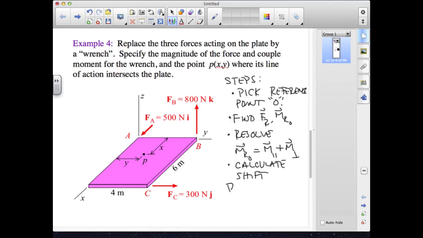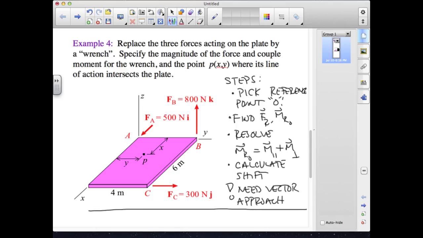Now, something that will be different here is we're really going to need to use a vector approach to calculate this shift rather than a scalar approach. And we'll see what that entails when we get that far. Okay, but keep in mind these steps as we work through a problem.